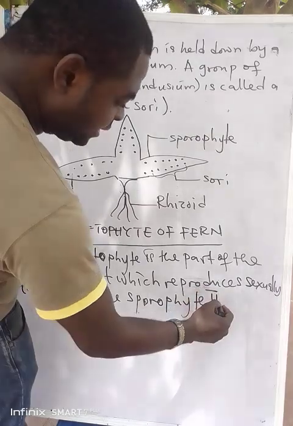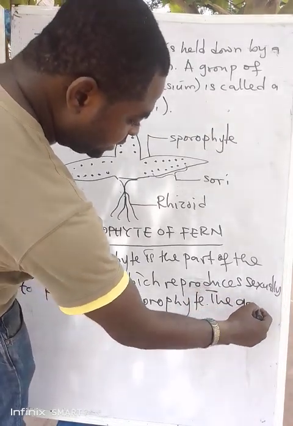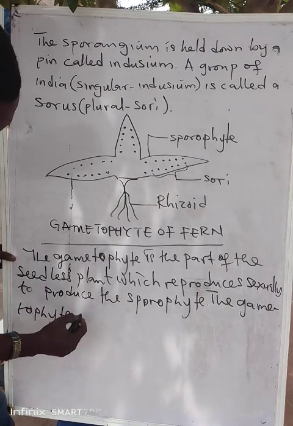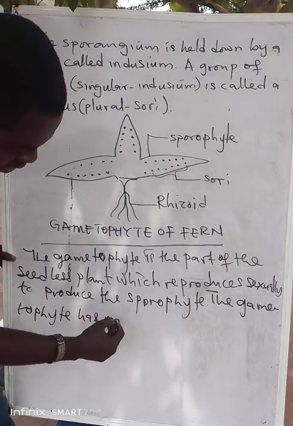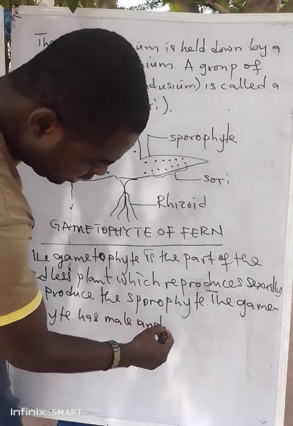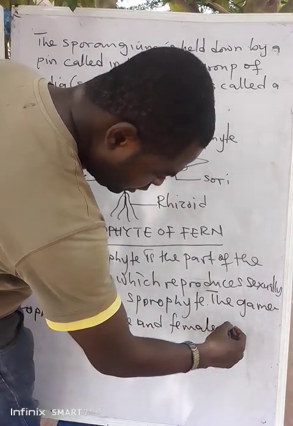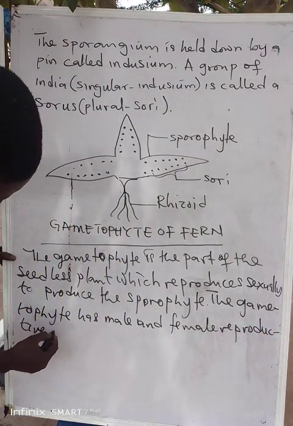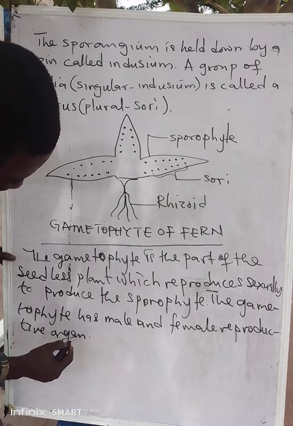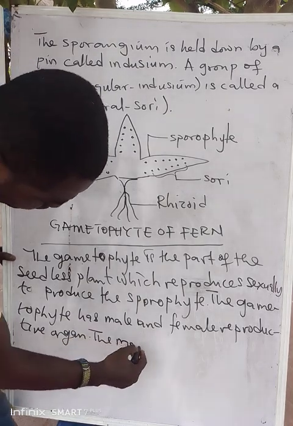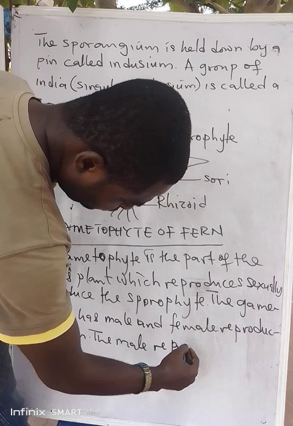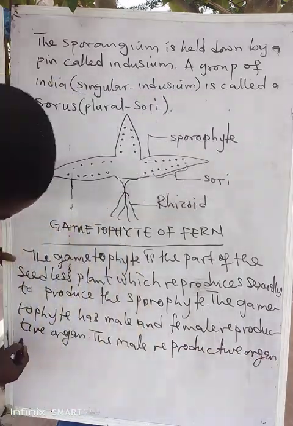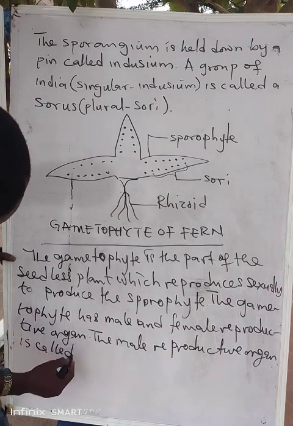So the gametophyte, as the name implies, has male and female reproductive organs. The male reproductive organ is called archegonium.